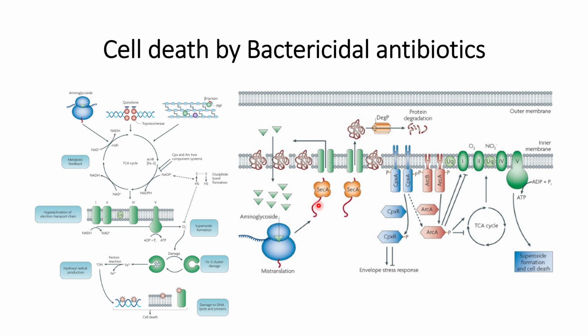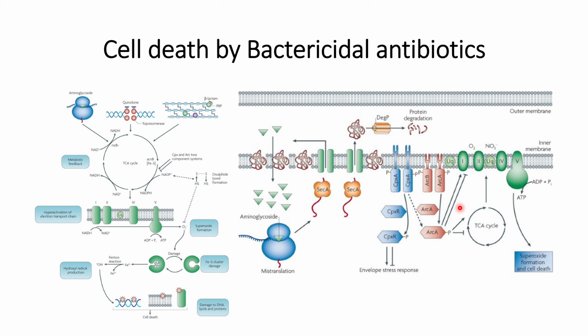When the misfolded protein reaches the cell surface membrane, it triggers the CPX and ARC-C pathway, which together cause the envelope stress response, and this envelope stress response will disrupt the TCA cycle. That is the same cycle that is disrupted in the panel on the left-hand side.